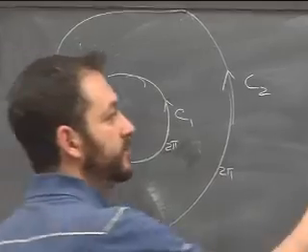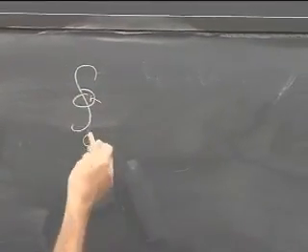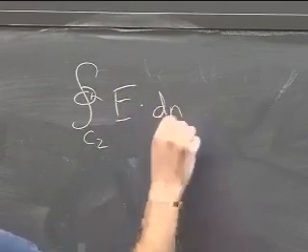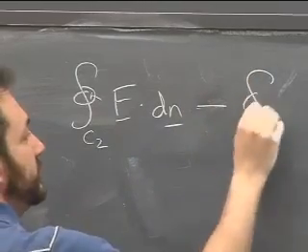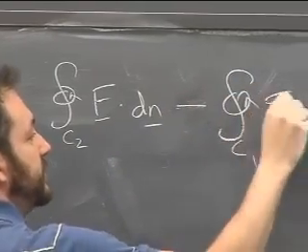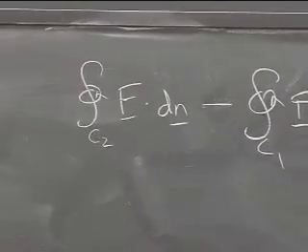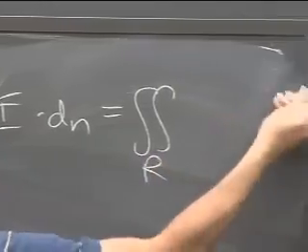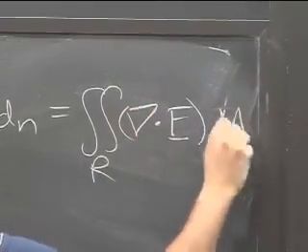So here goes. The integral around C2, going clockwise, of f dot dn, minus the integral over C1 of f dot dn, going the same way, counterclockwise, is equal to, by Stokes' theorem, the divergence.